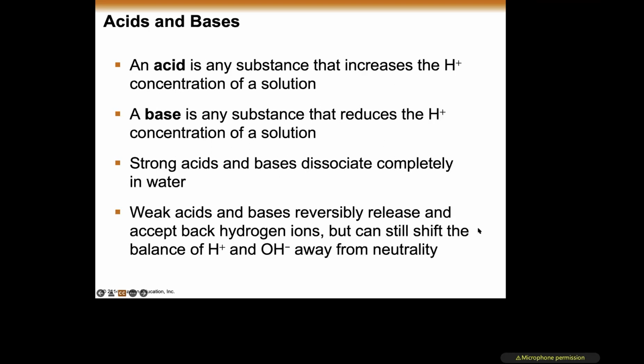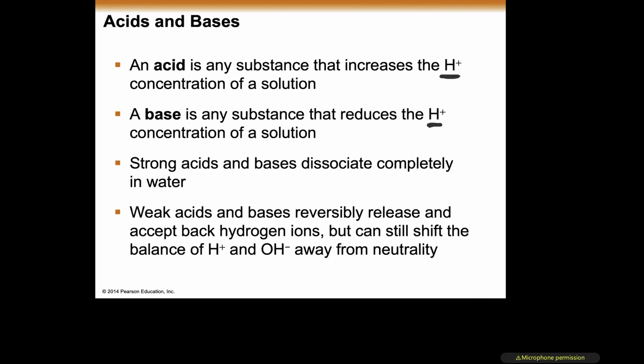And so what is an acid? An acid is any substance that has an increase in hydrogen concentrations, and a base is a substance that has a reduction in hydrogen concentrations, meaning it's got a lot more hydroxides. There are strong acids and strong bases, and these are when the ionic compounds dissociate completely.